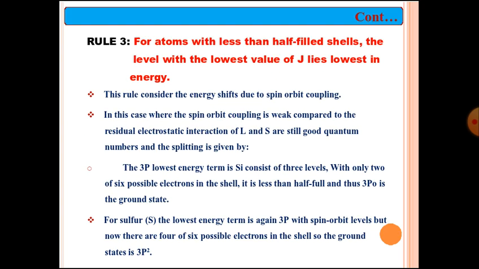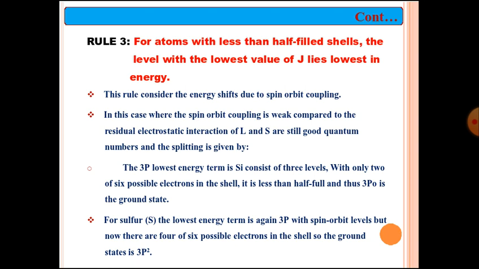Last rule. For atoms with less than half-filled shells, the level with the lowest value of J lies lowest in energy. This rule considers the energy shifts due to spin-orbit coupling. In this case, where the spin-orbit coupling is weak compared to the residual electrostatic interaction, L and S are still good quantum numbers.